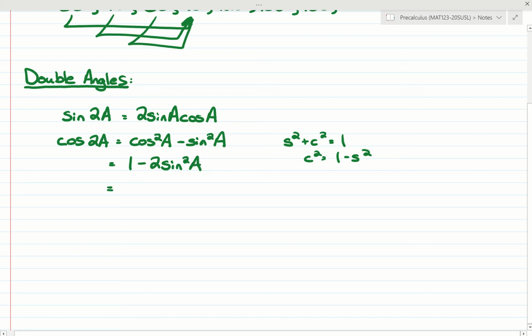Similarly, we could bring the cosine squared to the other side, and sine squared would equal 1 minus cosine squared. So you would have cosine squared of A minus the quantity 1 minus cosine squared of A, which would give us our third formula, which would be 2 cosine squared of A minus 1.